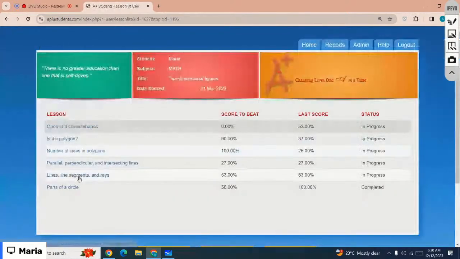The next one is lines, line segments, and rays. Okay, let's just see what lines are.